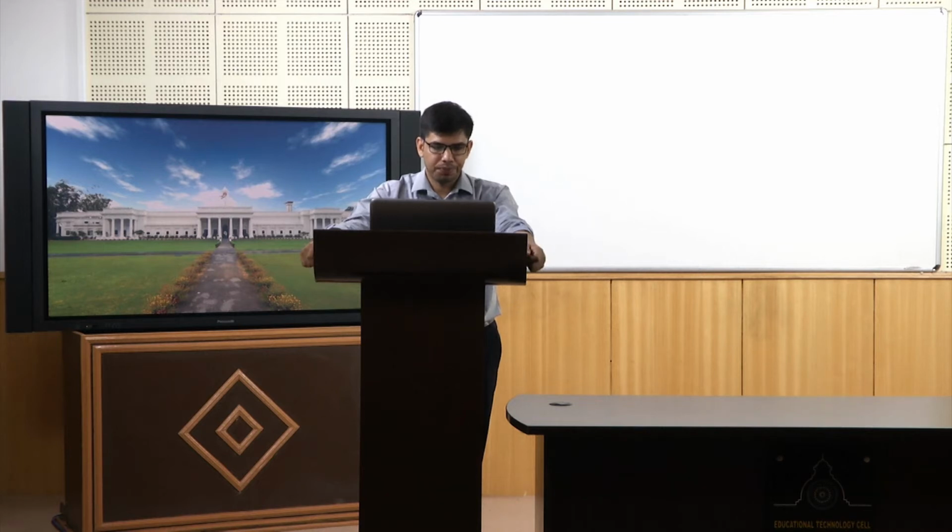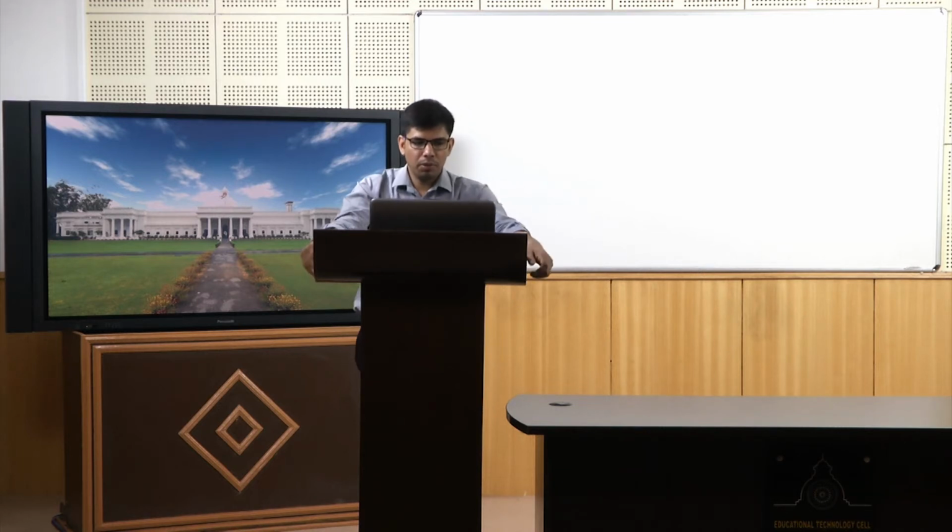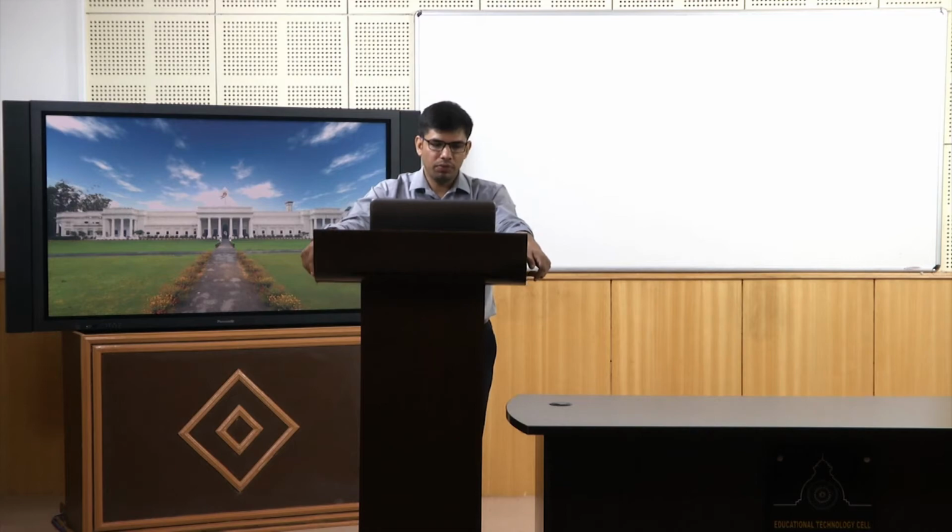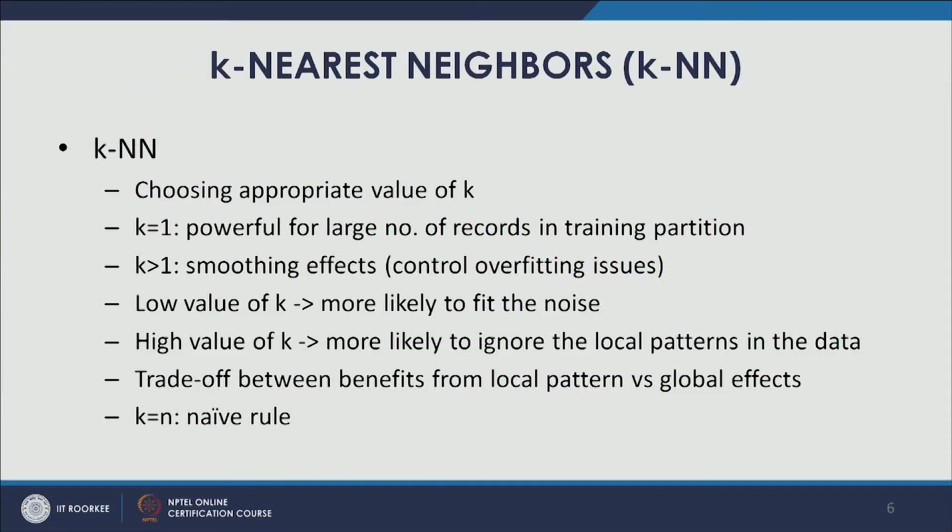For example, if we take the value of K as 1, then this is going to be a powerful technique, especially for a large number of records in the training partition, because with K being 1, fewer distance based computations would have to be performed.